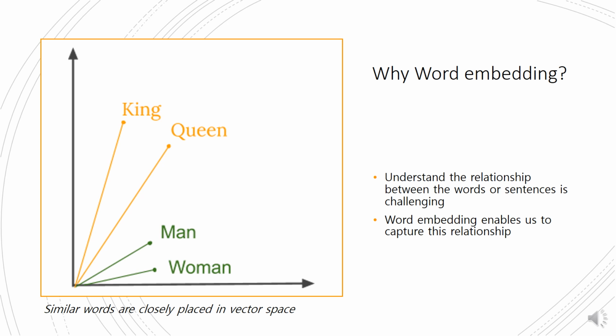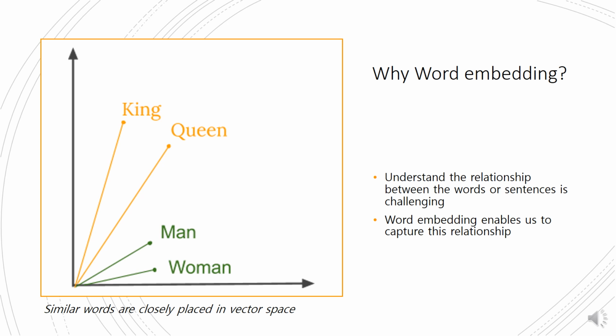Word embedding techniques arose because, as you know, humans can easily understand the relationship between words or sentences such as king and queen, but for a computer this task is not simple. A human can understand relationships such as king and queen, man and woman, and so on.